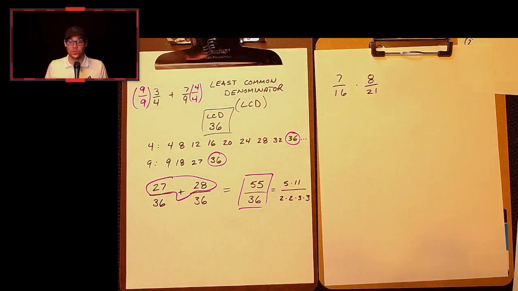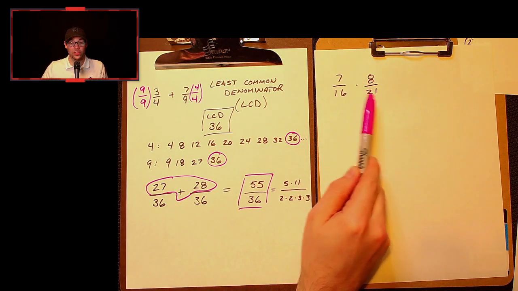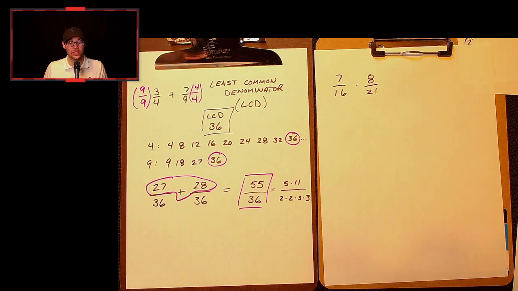But going back to this problem, if we try and multiply 16 times 21, well, we can do it, but we're going to end up with some bigger numbers. So the trick is we actually want to simplify first before we multiply our numerators together and multiply our denominators together. So what we can do is take the same methods that we saw in the original problem that I showed.